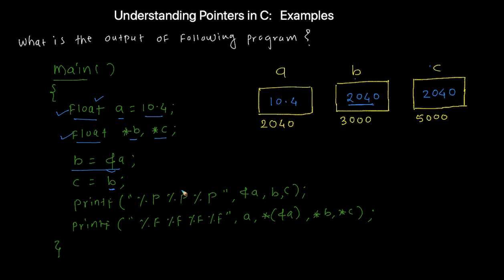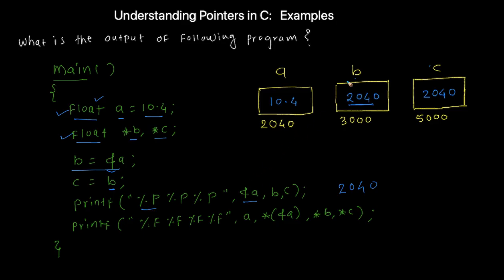Now let's print the address of a. How can I print the address of a? One way is I can use the address-of operator with a, and this &a will print 2040. %p is a format specifier to print the address.